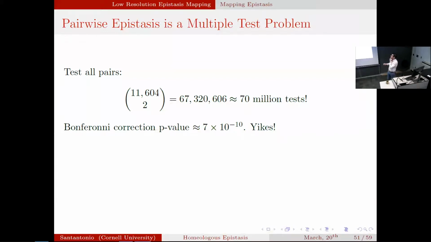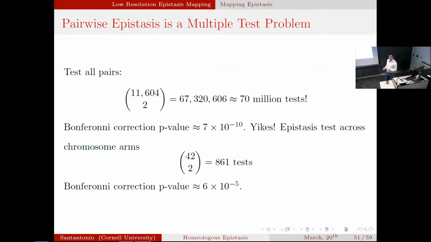You end up with 67 million tests in a Bonferroni correction that is just really hard to see, especially for interactions which tend to only have maximized variability at allele frequencies of 0.5, right? As those allele frequencies go to 0, you reduce the ability to see the interaction, and that variance gets partitioned to additive variance.